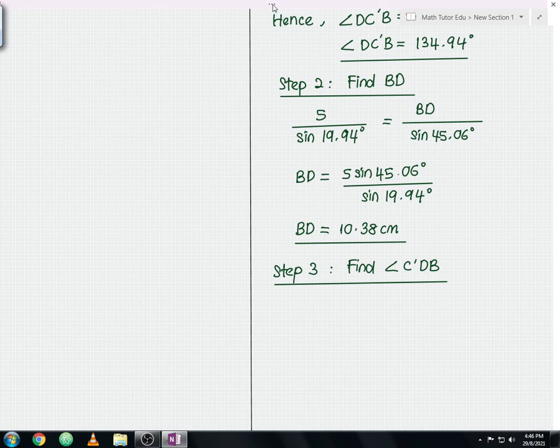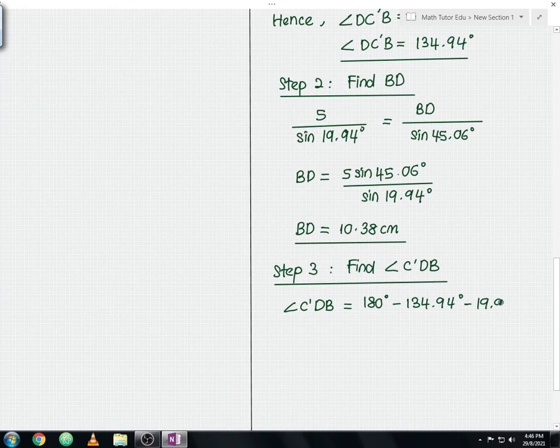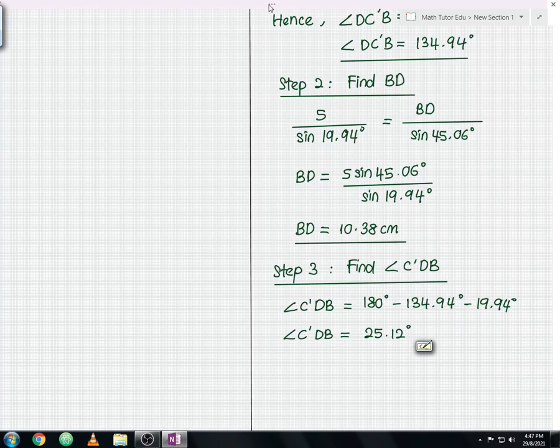So to find angle C'DB will be equal to 180 degrees minus 134.94 degrees, and minus 19.94 degrees. From here you should get angle C'DB is equal to 25.12 degrees. So this is your step 3. Let me underline this.